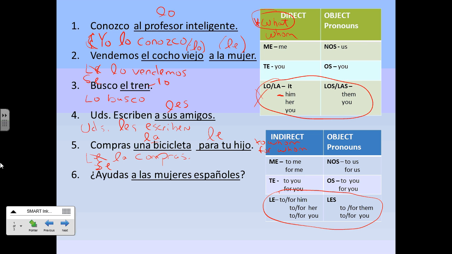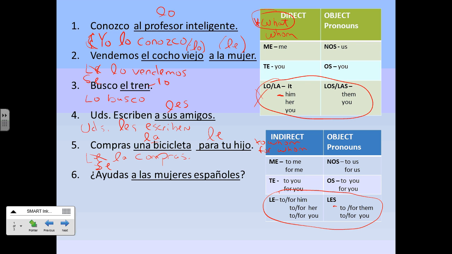Ayudes a las mujeres españoles. Again, rewrite this. Okay, we have to read it. Do you help? Do is part of the question. Do you help the Spanish women? So you want to say, do you help them? So it would not be an indirect because the indirect is to them or for them.